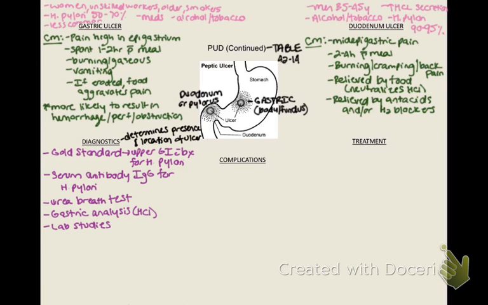Sometimes they'll check your LFTs to check for liver problems, such as cirrhosis, which could complicate the treatment of an ulcer. They can check the urine and stool for blood. Sometimes they'll also check a serum amylase, which checks pancreatic function due to possible posterior duodenal penetration of the pancreas. And x-rays are not helpful with peptic ulcers either.